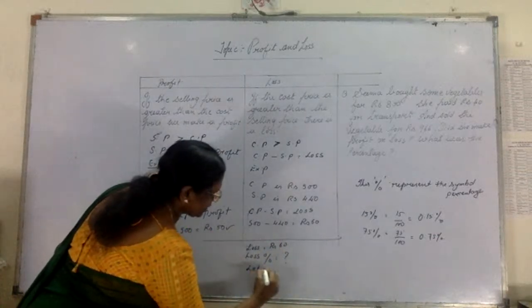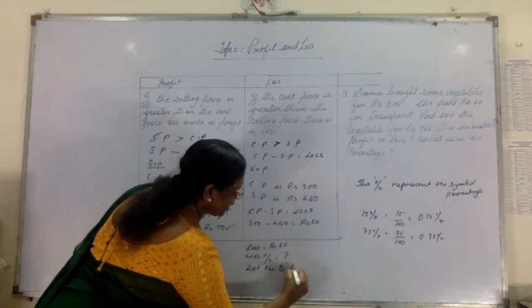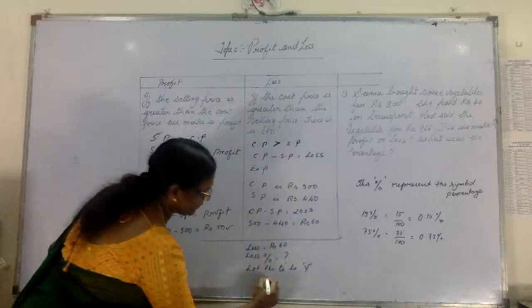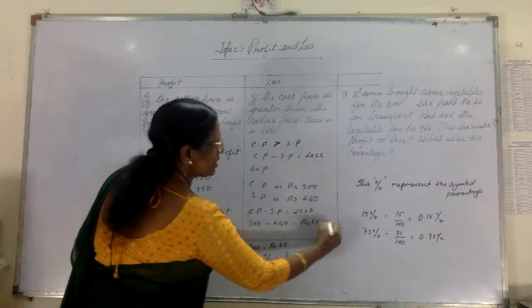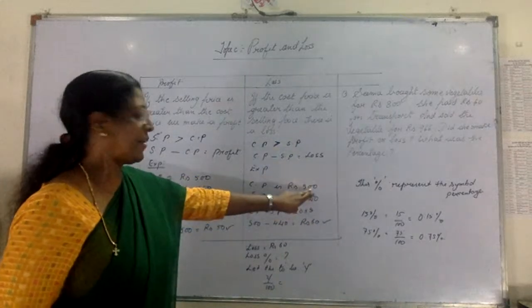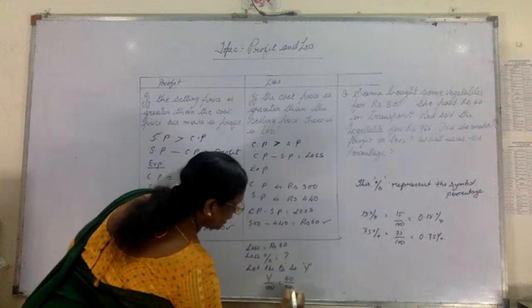Let us assume the loss percent to be Y. This Y is out of 100, is equal to the actual loss, which is 60. This loss he incurred on the cost price, that is 500 rupees. That is 60 upon 500.